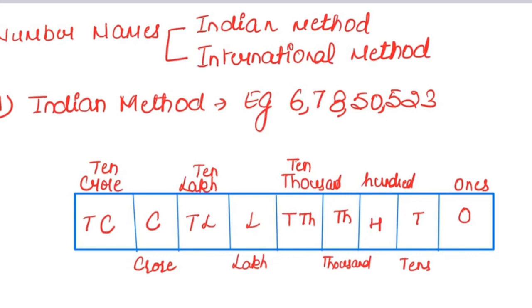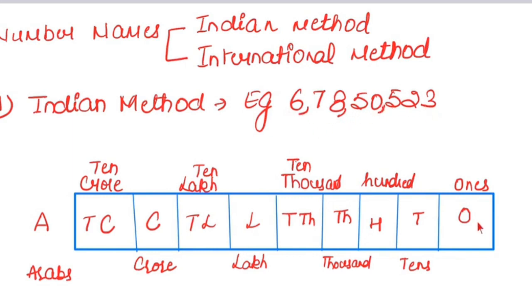But in 6th standard we will learn only up to crore. In 7th standard we will start Arabs. In this class only up to crore you will understand. Okay, so next what we will do, these are the digits we have written: 6 7 8 5 0 5 2 3.